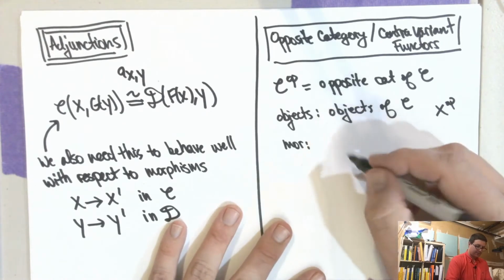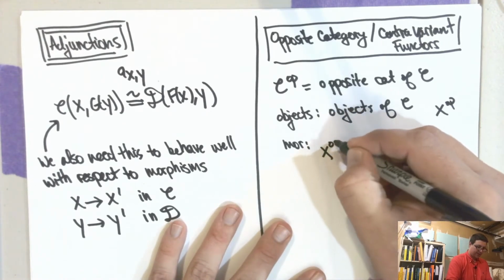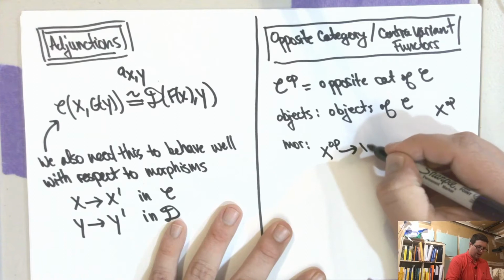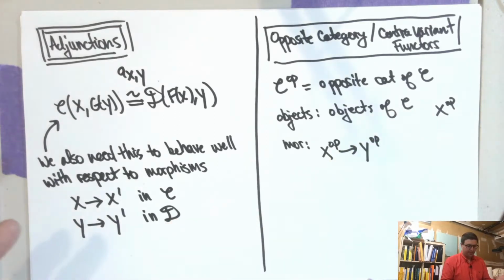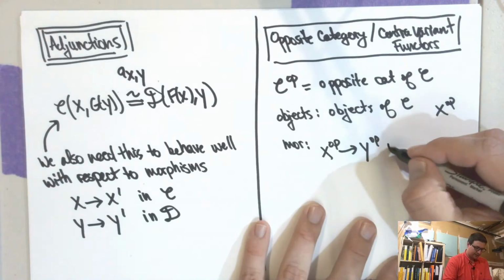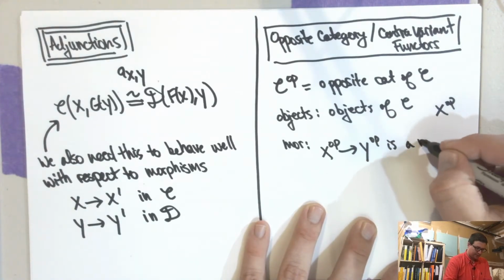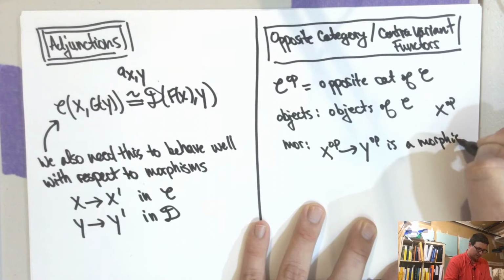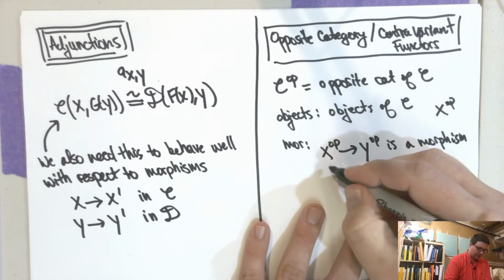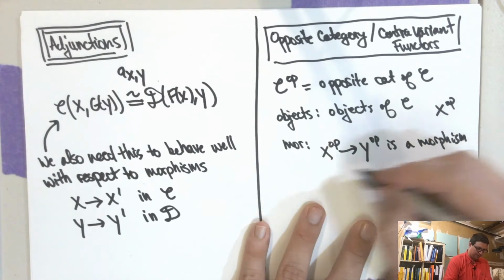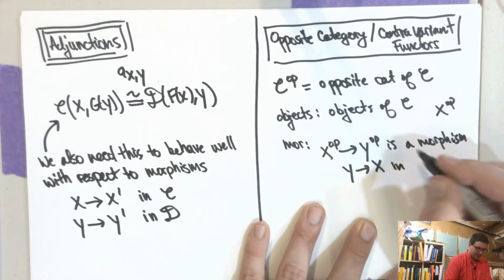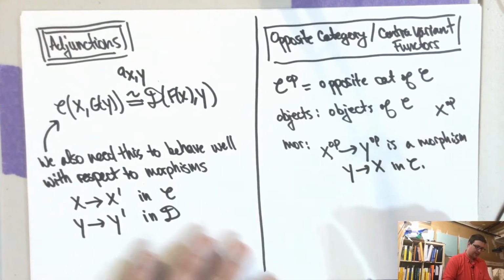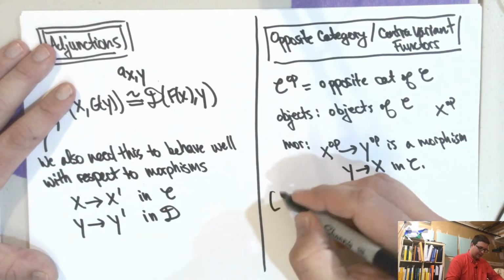Then a morphism x op to y op is just you flip the arrows, where you take a morphism y to x in C. All you do is flip the arrows.